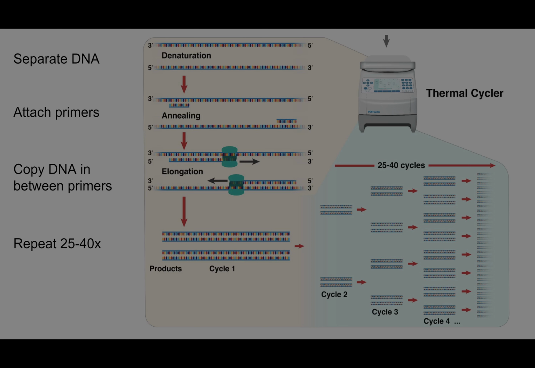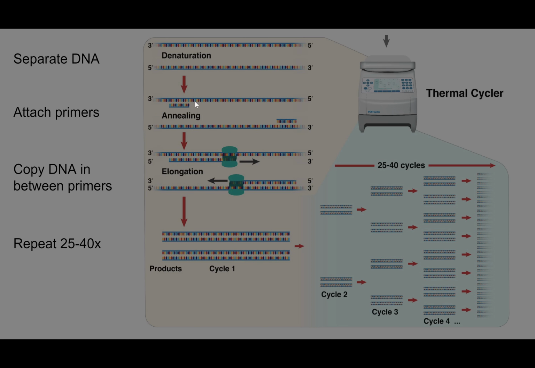So in order to run PCR, we need a device called a thermal cycler, and it does exactly what it sounds like. It changes temperatures in a cycle. So the first step of PCR is melting that DNA. It's raising the temperature, allowing the two strands to separate. The next process that we do is annealing.